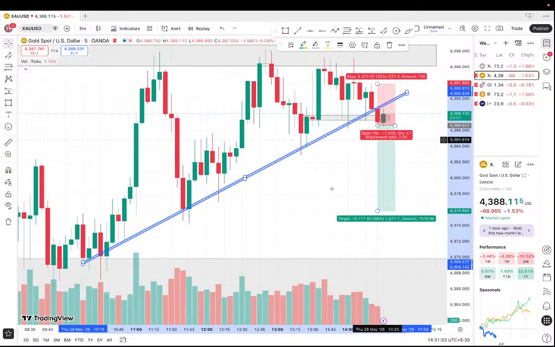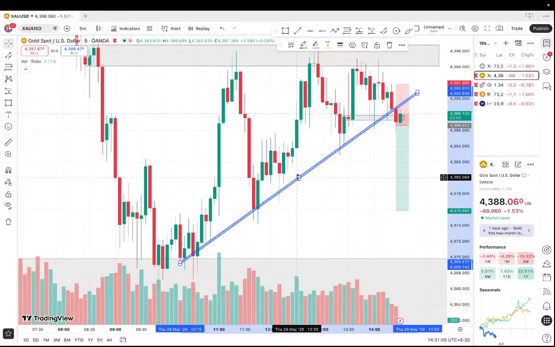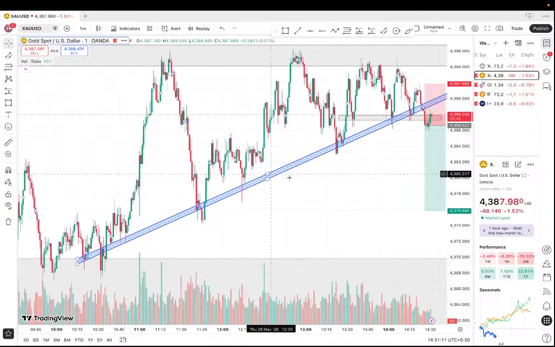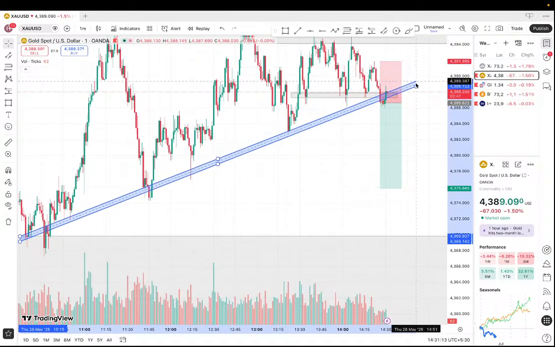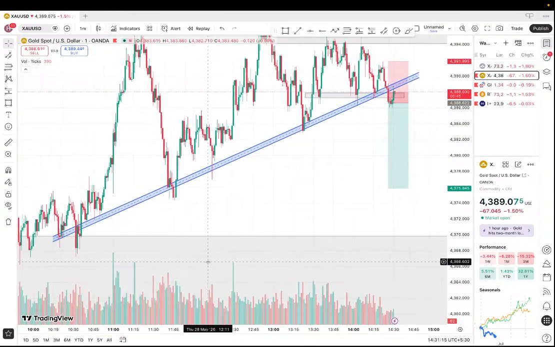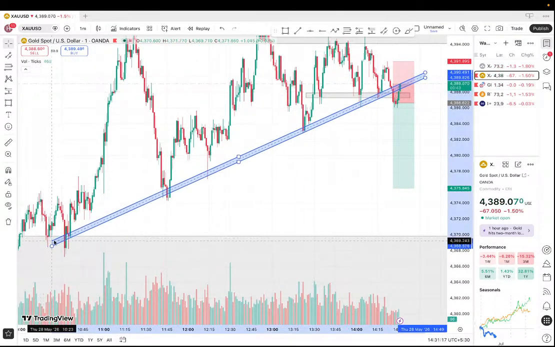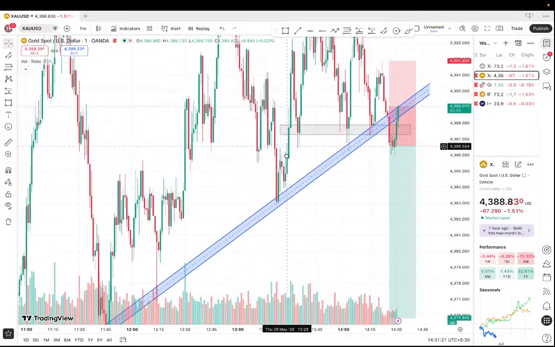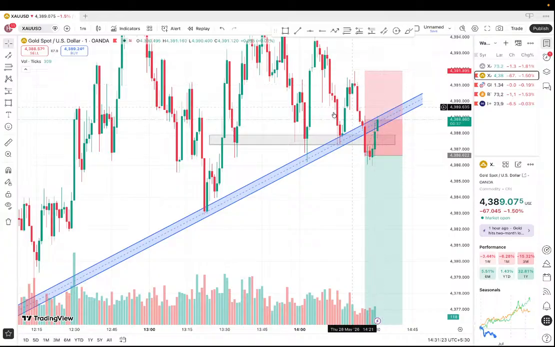We got two confluences on this. First one was this break of trend line. Second was break of the zone. So it was a very simple setup. And even right now, there is a chance that it might reverse from here or take the SL.